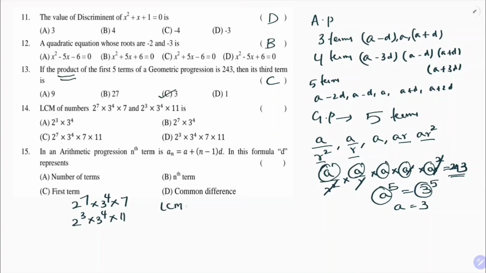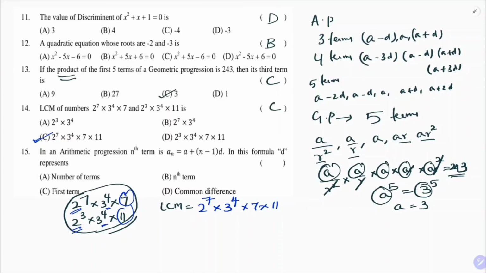See, for LCM, you need to write all the numbers, but when you have something common, like here 2 power 7 and 2 power 3, out of these two you need to take the highest one, which is 2 power 7. 3 power 4, 3 power 4, so into 3 power 4. You should write all the other numbers, 7 and 11, into 7 into 11. In this way, we'll calculate LCM. So 2 power 7 into 3 power 4 into 7 into 11. The correct option is C.